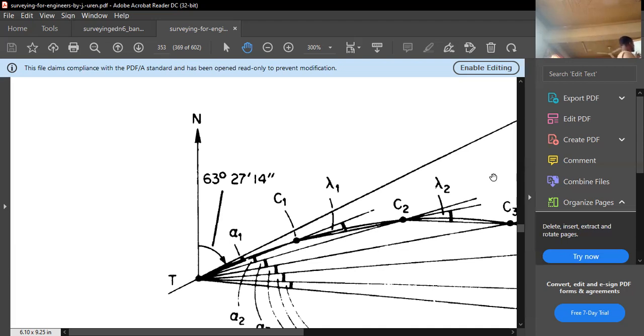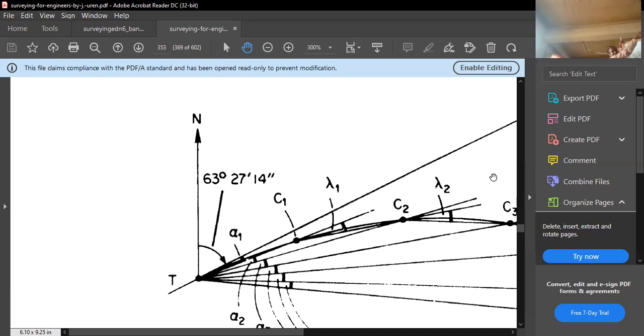Now, here's where we are. We are now defining two parameters. Alpha 1 is like a deflection angle. This alpha 1 is a deviation from the line joining the tangent to the intersection point. Remember, I'm not drawing this line, it's there.